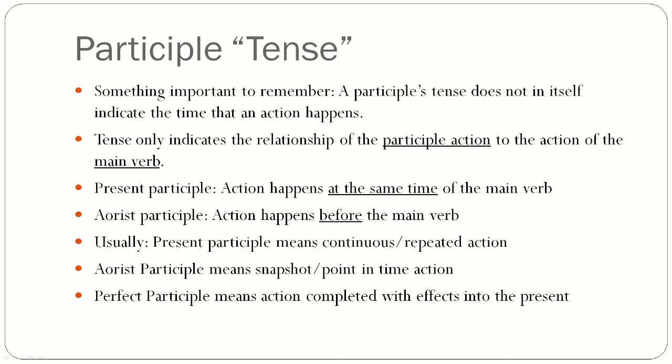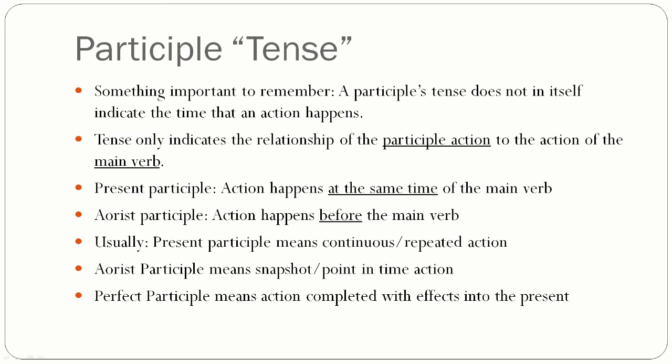Alright, one last thing here about participles and translating them. Something very important to remember is that you do not get time from the participle's tense. The tense only indicates the relationship of the participle action to the action of the main verb.